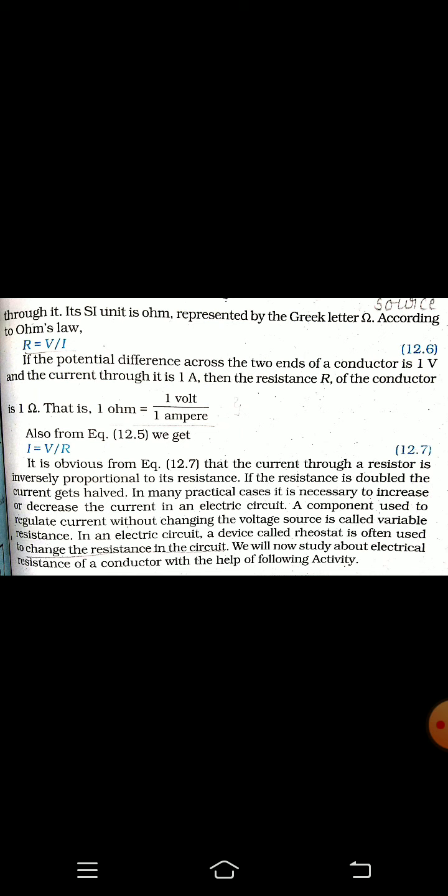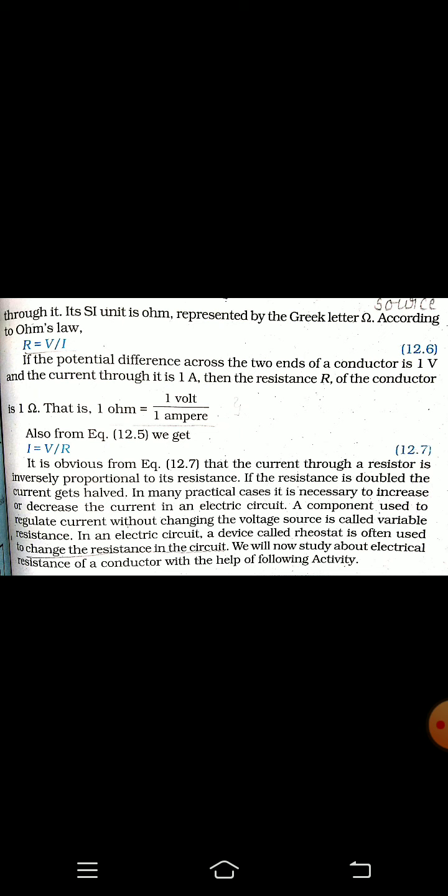In our previous session, I already mentioned that when you have to find 1 ohm or 1 ampere or 1 volt, what do you have to do? In the formula, you have to keep everywhere 1 and you have to write the definition. So easy. So here also we have the formula R is equal to V divided by I. R is resistance and the unit of resistance is ohm.